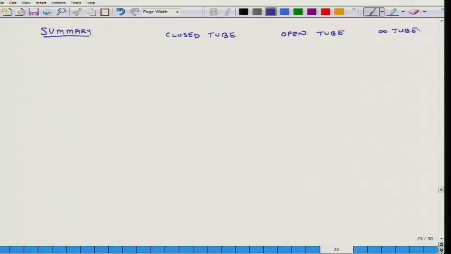We will summarize for these systems the value of Z, eta, rho, and also the magnitude of gamma. So, closed tube, then we have open tube, and then finally semi-infinite tube.